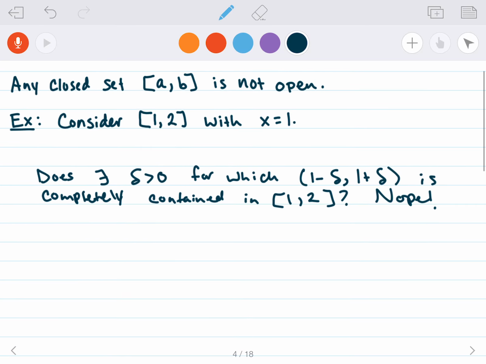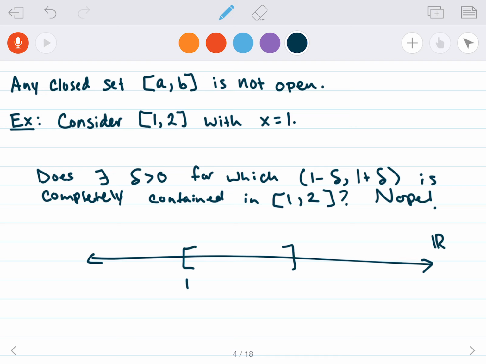And why not? We can draw a picture here. Here are our real numbers, here's the interval 1, 2, and we're interested in the point x equals 1. The question is, can I find a little neighborhood that stays in the set?